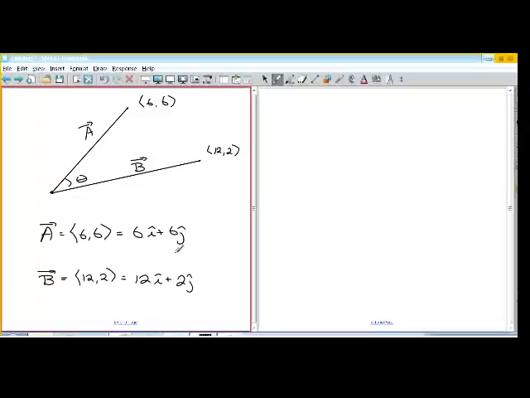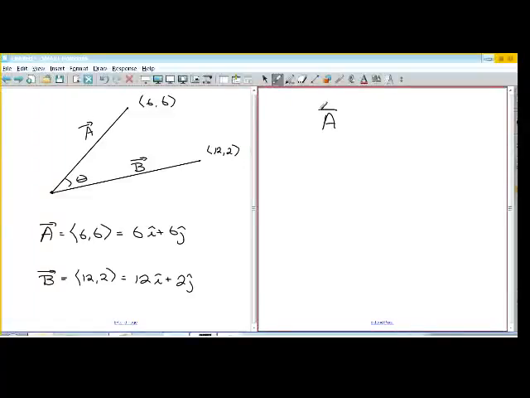Now the interesting thing is that if I wanted to find this angle theta between these two vectors, how would I do it? Well, one way is you could make two right triangles, find this angle and this big angle, and then subtract them.